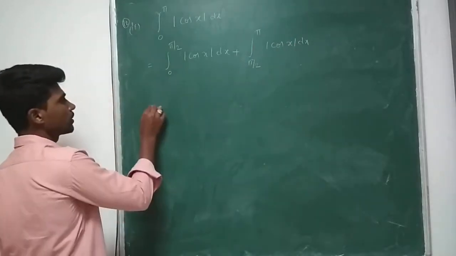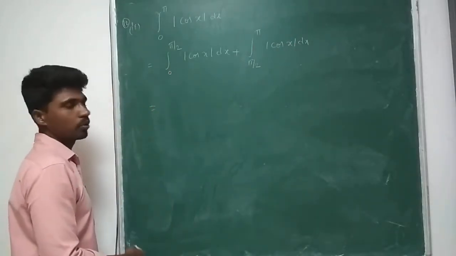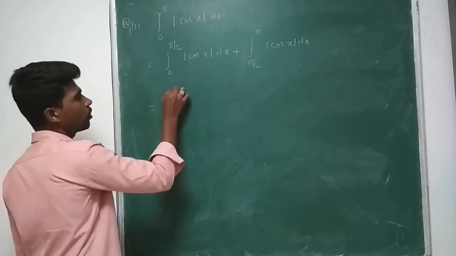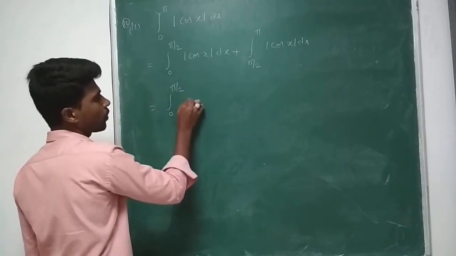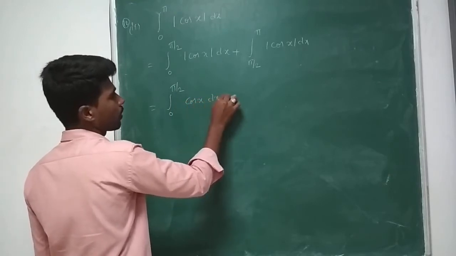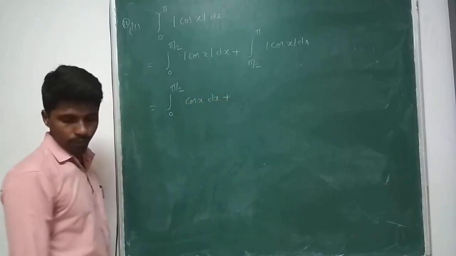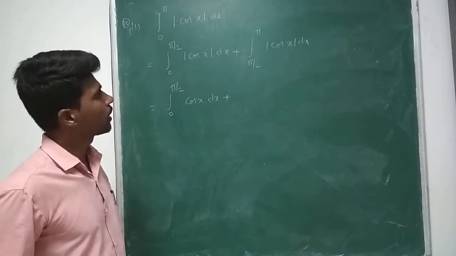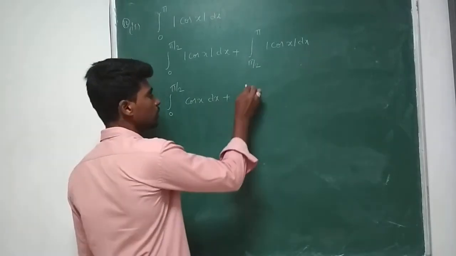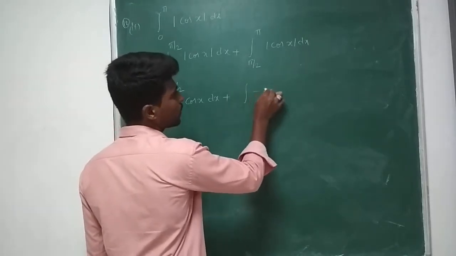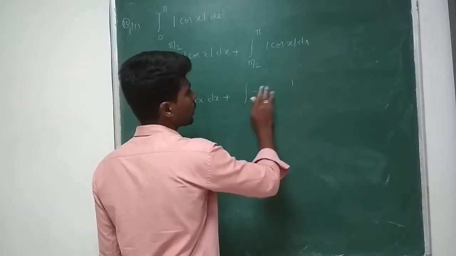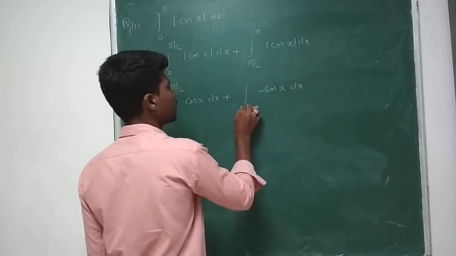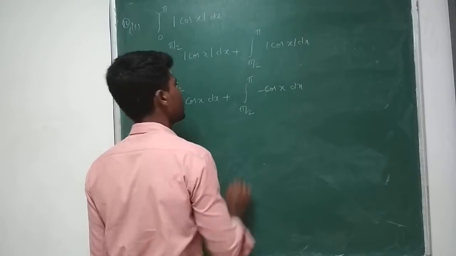So modulus of cos x in the first quadrant is positive, so in 0 to pi by 2 modulus of cos x is cos x. Plus, for pi by 2 to pi, the second quadrant, cos x behaves negative, so I get minus cos x dx from pi by 2 to pi.